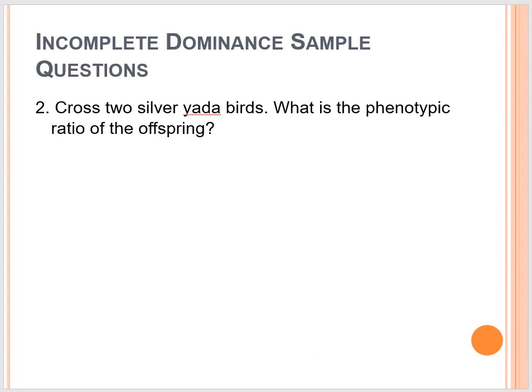Second one, cross two silvers. What's going to be my genotype for a silver? So I'm going to cross two silvers. And the question says, what's the phenotype ratio of the offspring? Now, go back to regular genetics, Mendelian genetics. What's a word that describes this genotype right here?